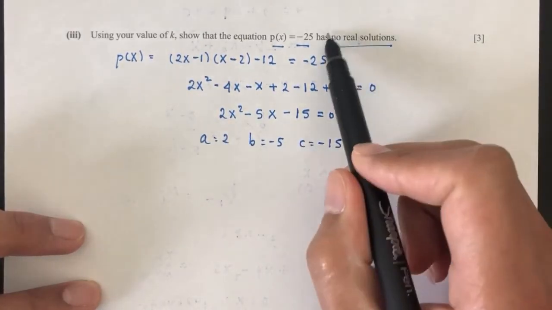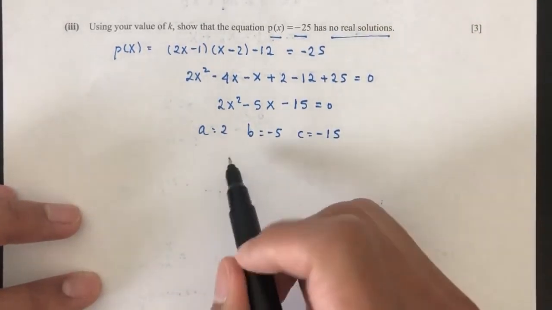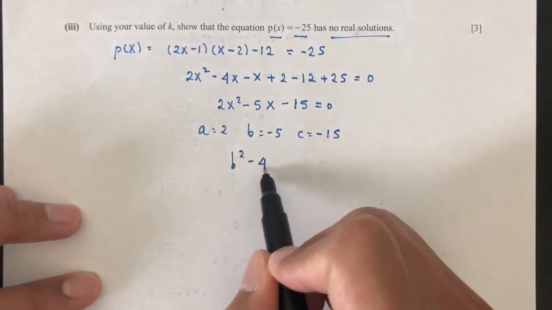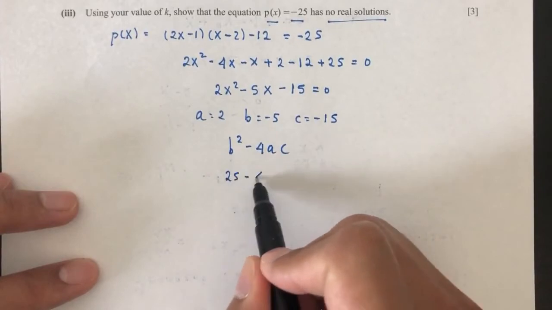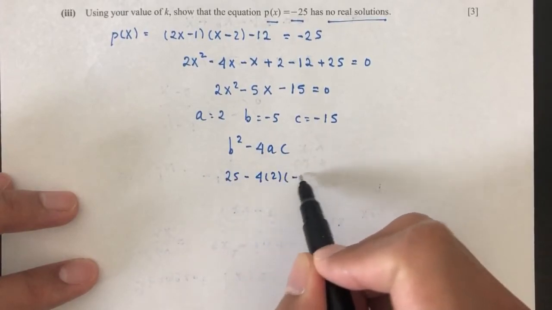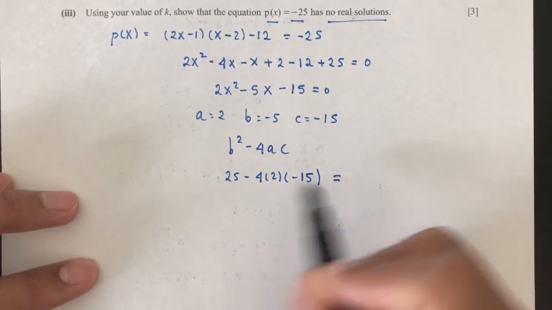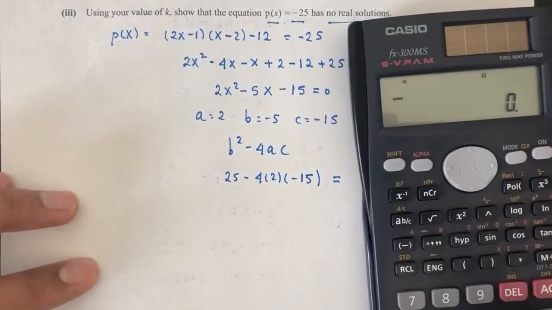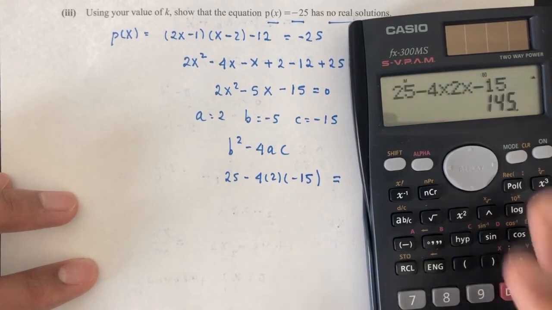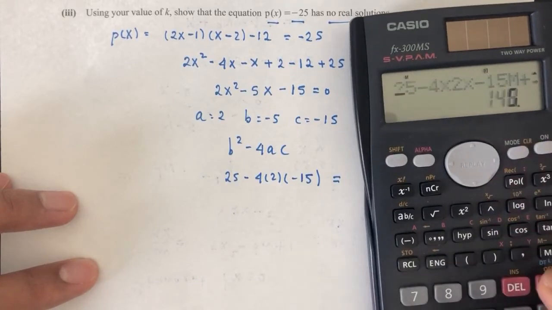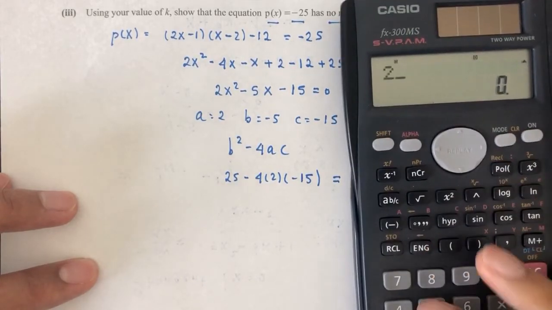So how do you prove that it has no real roots? So we have to find the value of b squared minus 4ac. So b squared is 25 minus 4ac will be this. So this will be equal to 25 minus 4 times 2 times minus 15.